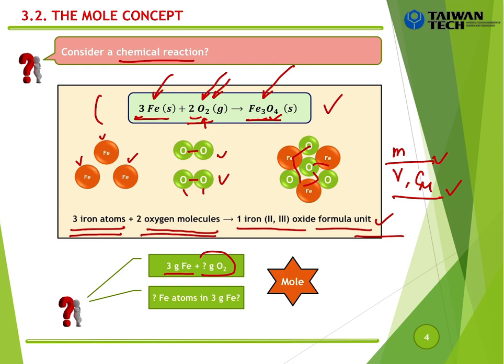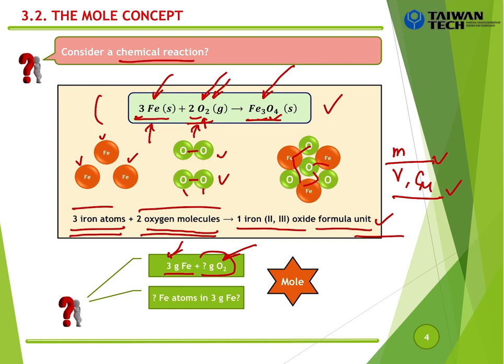Because in our chemical reaction here, we see we have 3 atoms react with 2 molecules. It means that the number of atoms or molecules in our chemical reaction, not the mass. So if you know the mass for the first substance, we don't know how much for the mass of the second substance by calculating directly.